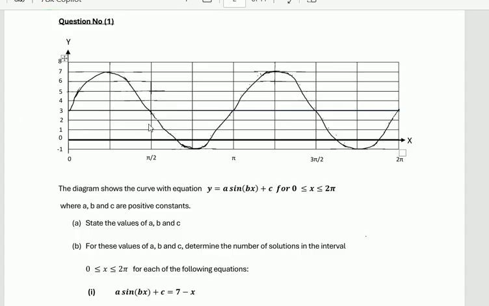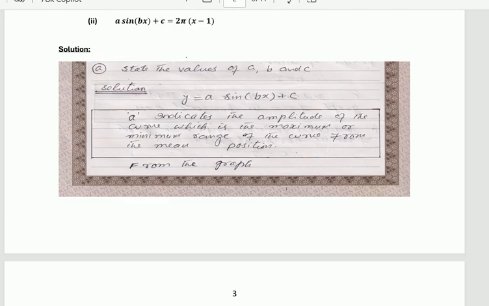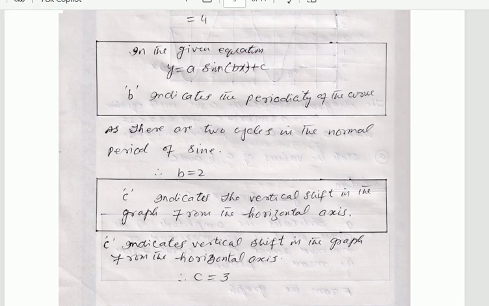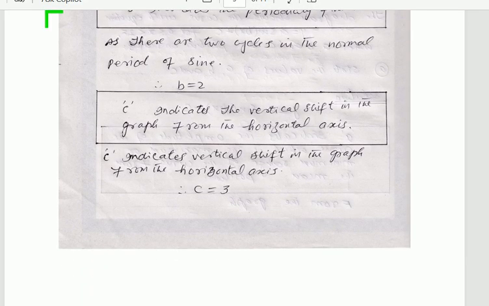So from 0 to π is one cycle, and from π to 2π is the second cycle of our graph. So the graph has 2 cycles, so b is equal to 2.